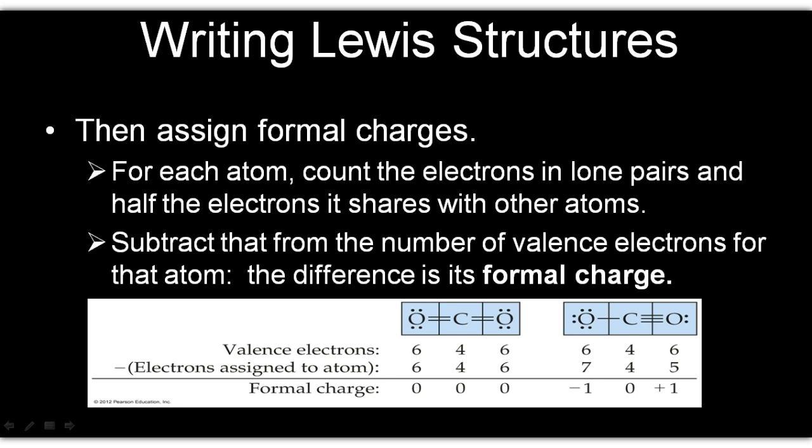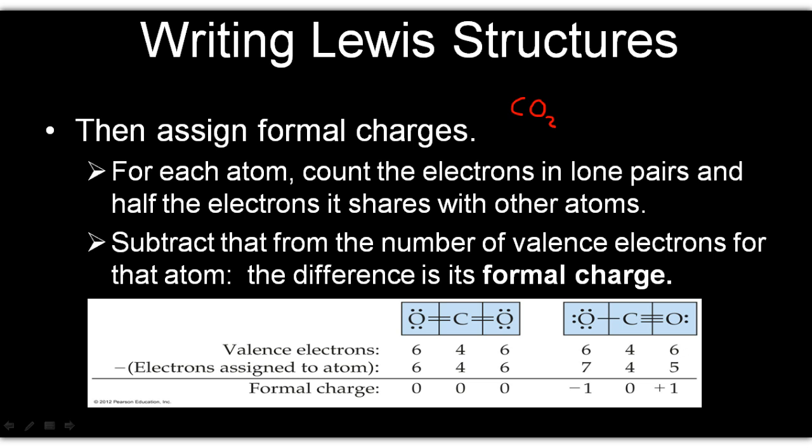Next one on here, which you probably did not do last year, is something called formal charges. In doing this, we're trying to figure out what is the most stable format. In this example, we're looking at carbon dioxide. And you have 2 different ways we could put it together here, as you see at the bottom. You could put double bonds on each of the carbon-oxygen bonds, and you probably already know that. But it also works out if you put a triple bond to one of the oxygens.